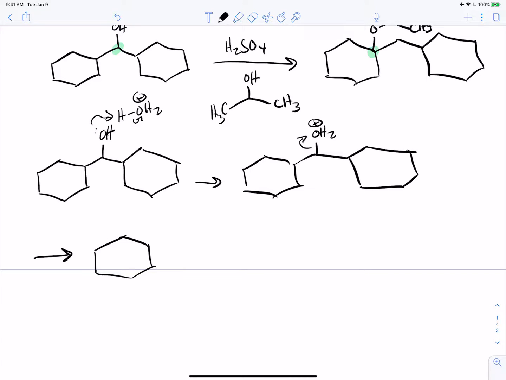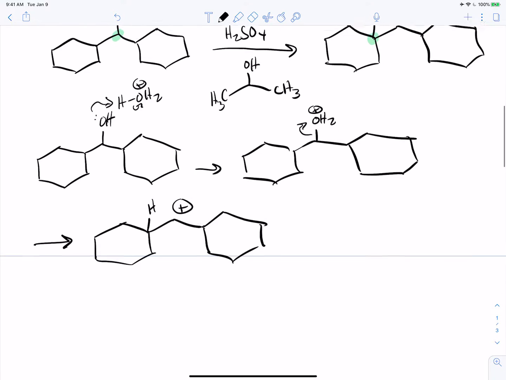This must be when things start to get weird. Hopefully we can figure out what's going on here. Okay, I've got a positive charge there. Somehow the isopropanol rather, is adding to the middle. So I guess what must have happened is there's a hydrogen there.